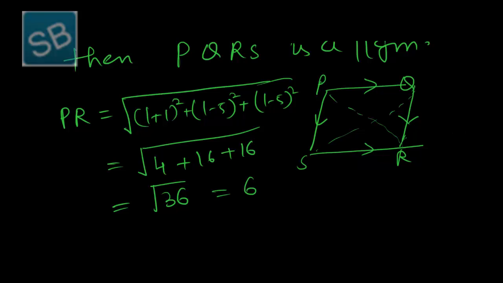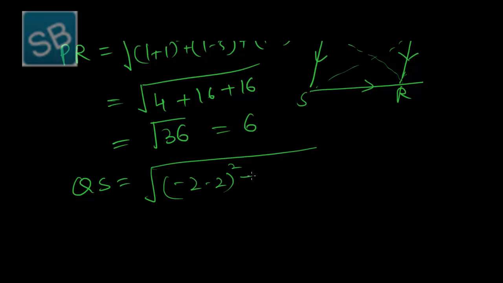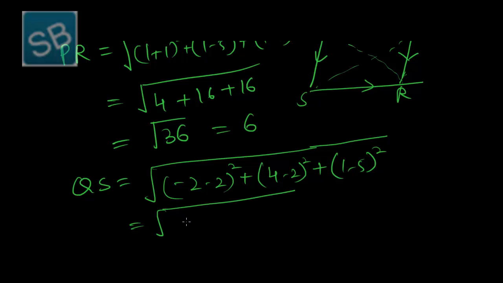Now we will find the second diagonal, that is QS, which gives (minus 2) whole square plus (4 minus 2) whole square plus (1 minus 5) whole square. That gives under root (minus 4) whole square as 16 plus 2 square is 4 plus (minus 4) square is 16, that is under root 36.